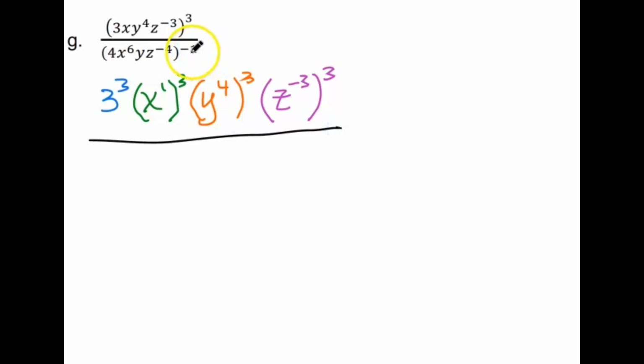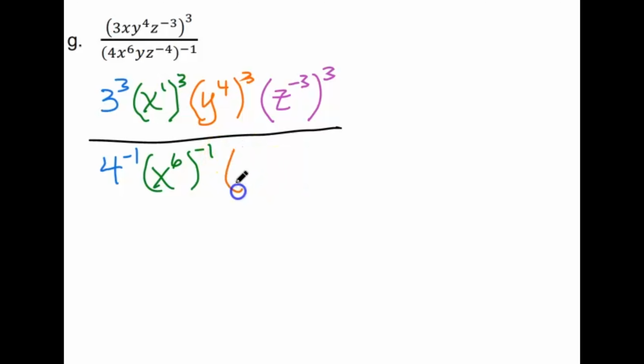Now let's go to the denominator and give everybody in here a power of -1. So I've got 4 raised to the -1 power. I have x to the 6th raised to the -1 power. Now I'm going to have my y.